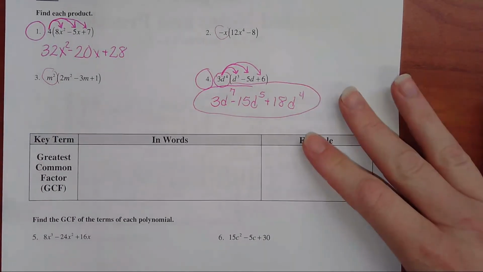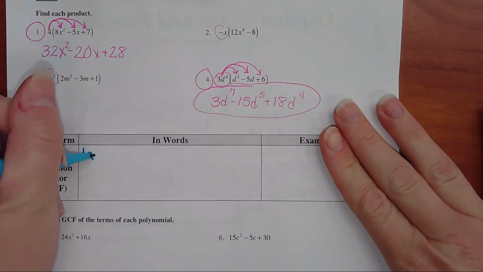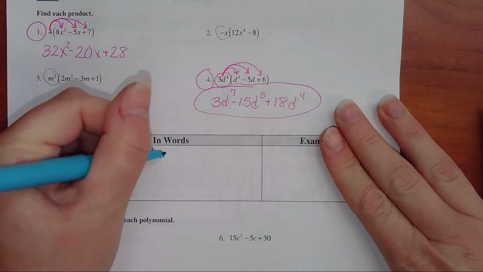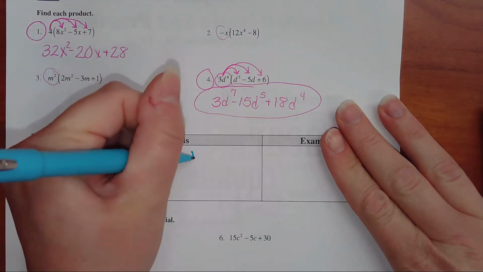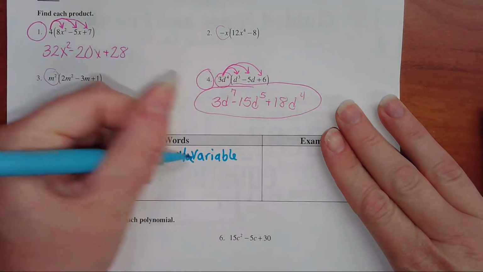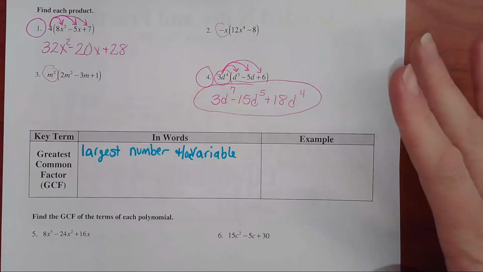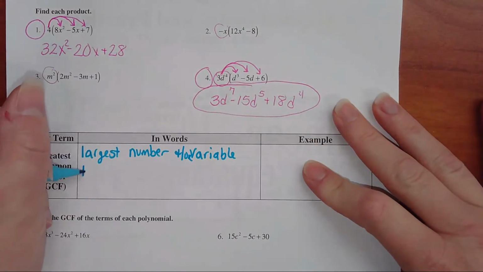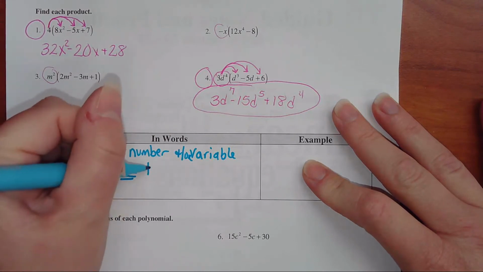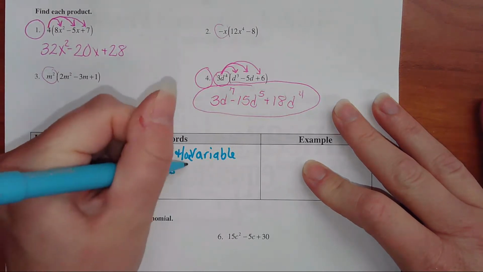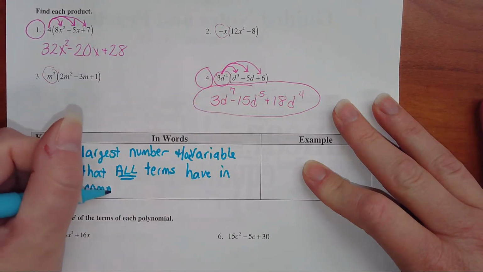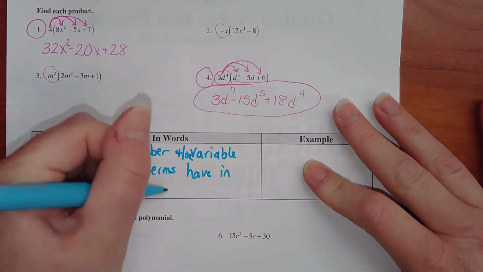So what the greatest common factor is, it is the largest number and variable, or variable, I should say, because sometimes they don't have variables in common, that all terms have in common as a factor.